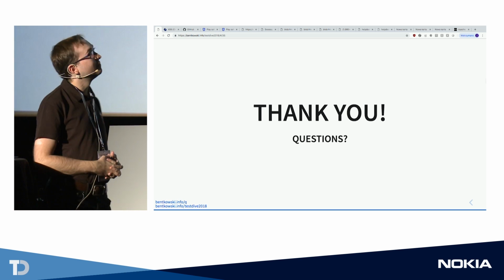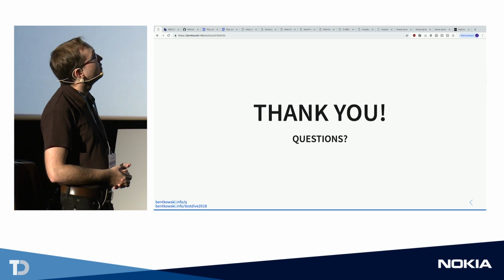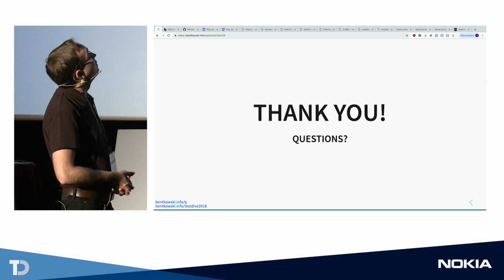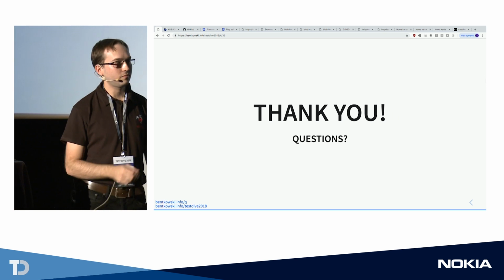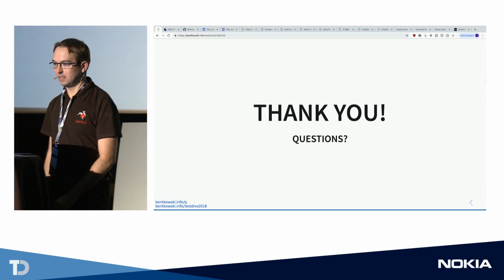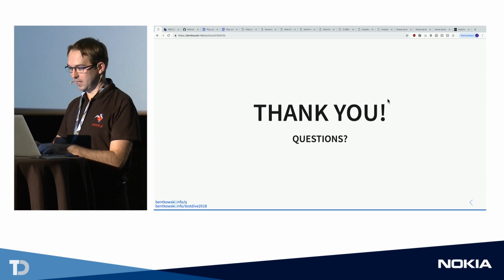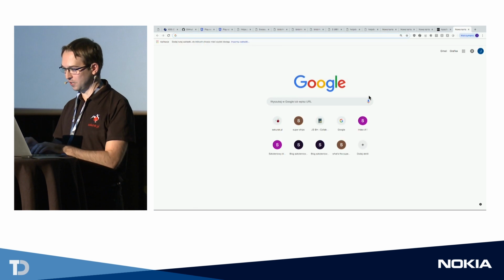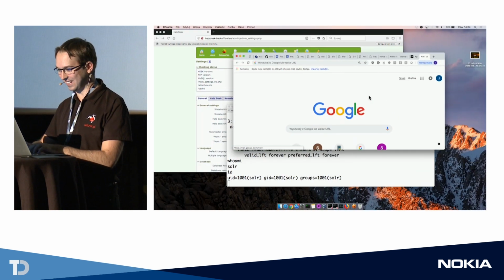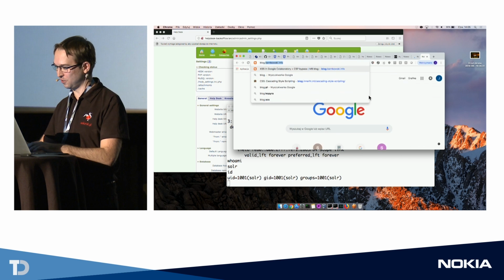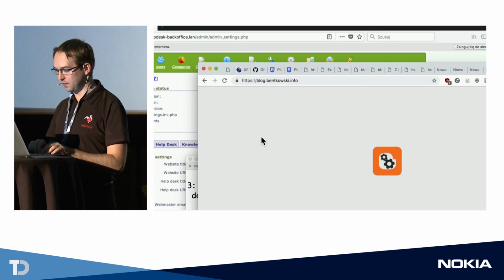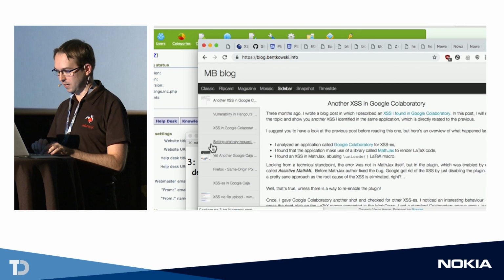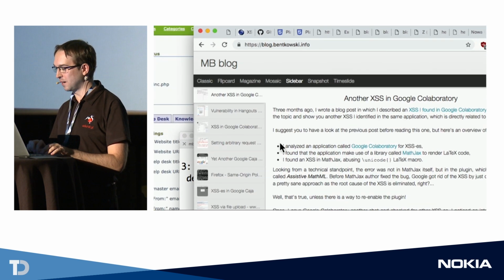Okay, thank you. I think the last question is, do you know any popular websites or applications that used to be or still are vulnerable to XSS? Yes, if you're speaking Polish, I can recommend, or if not, then you can go to my blog, bentkowski.info, and you will find out that I found XSS in several Google applications.